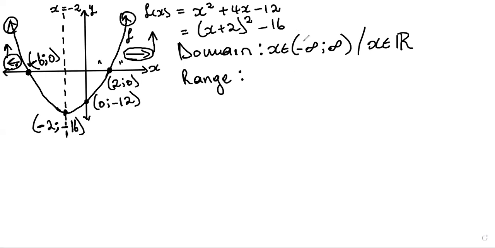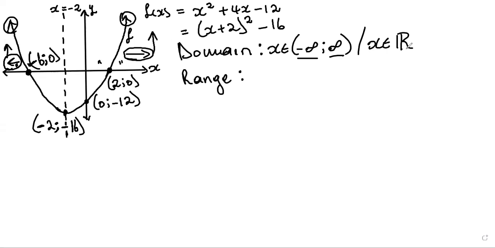So whenever you state the domain, you start with a smaller number, you end with the bigger number. So negative infinity is smaller than positive infinity. Okay, that's fine. And this is what you must know. The domain of any parabolic function will always be from negative infinity to positive infinity. That's what you must know.